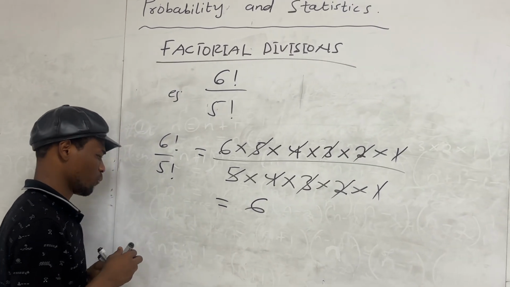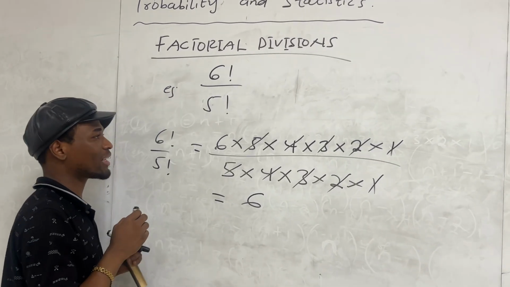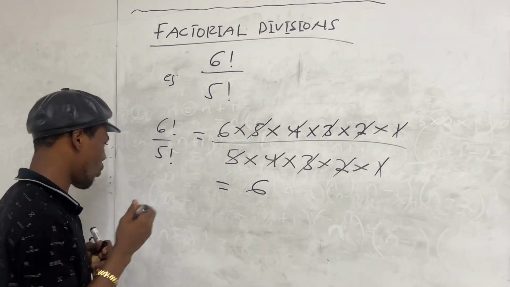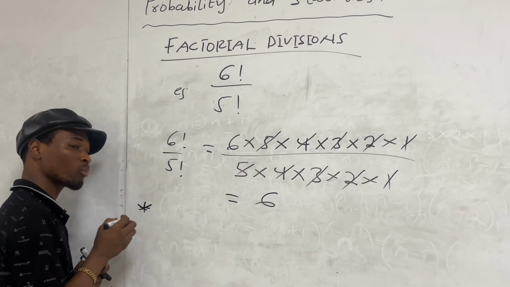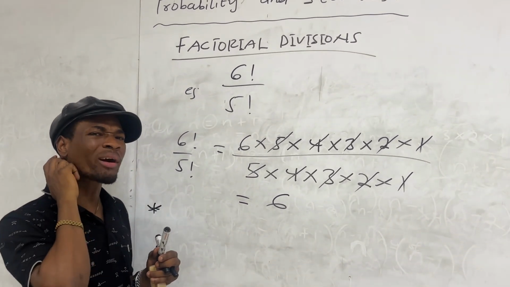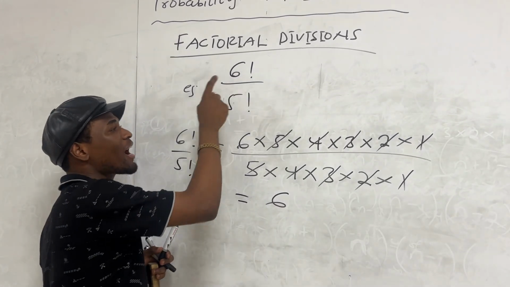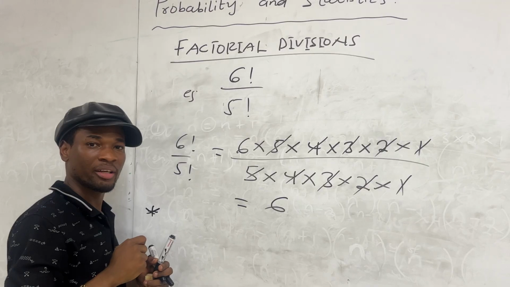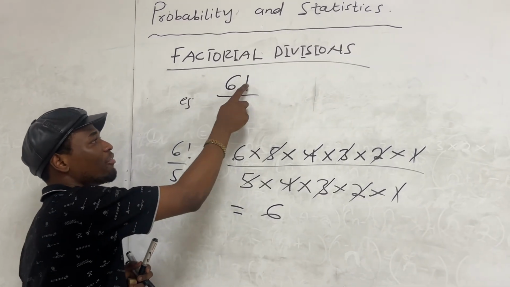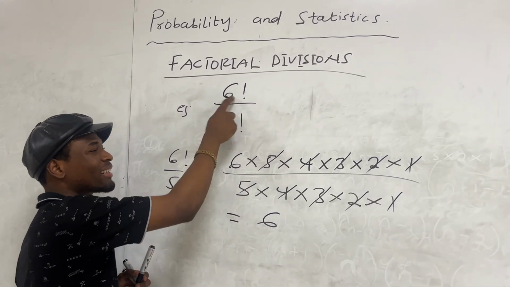Viewers, before we do that, we have to look out for certain technicalities over here. So first of all, you look out for the higher factorial expression. So 6 factorial and 5 factorial, which one is the highest? It's 6.